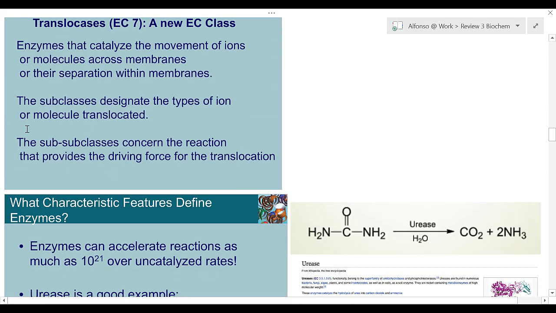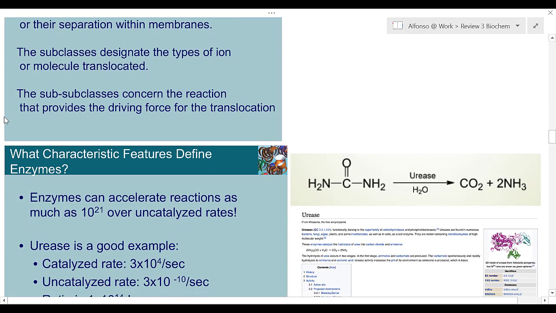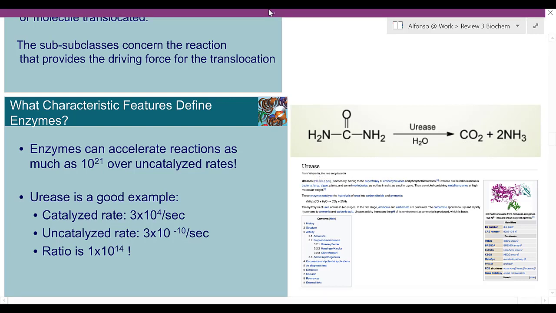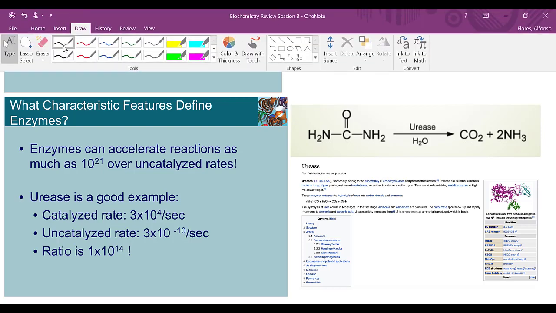Okay, so we're going back to urease. If we look up urease on Wikipedia, we'll see that it has an EC number of 3.5.1.5, okay? Now, the whole number, for us, for now, doesn't matter.